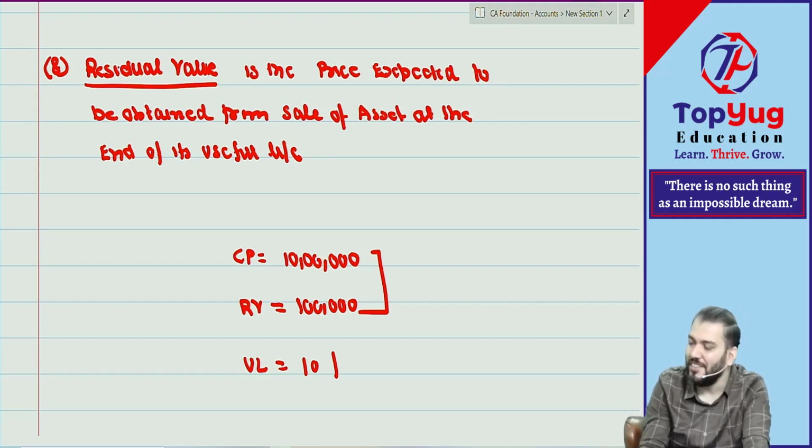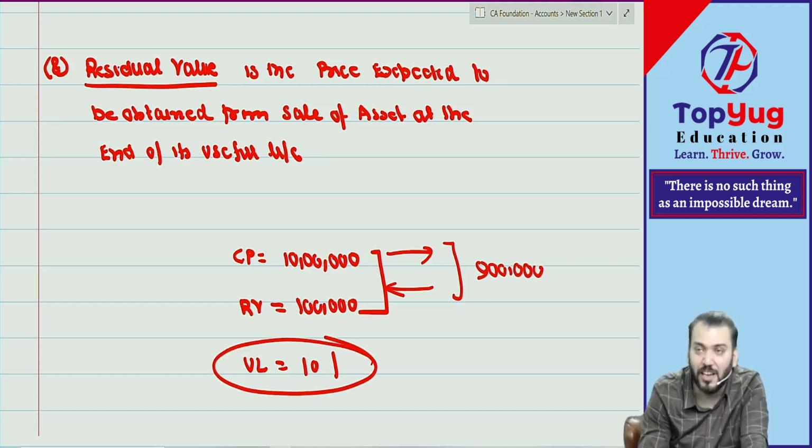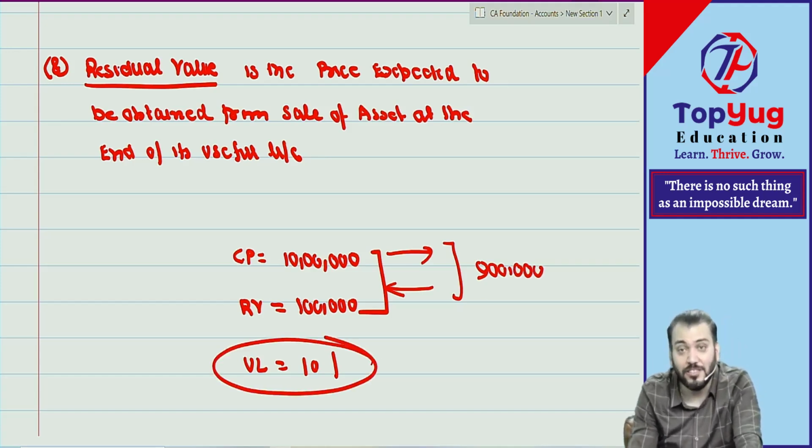Tell me, you paid how much? 10 lakh. You are recovering how much? 1 lakh. So your net cost is 9 lakh. This 9 lakh should be depreciated over 10 years, and it is known as the depreciable amount.